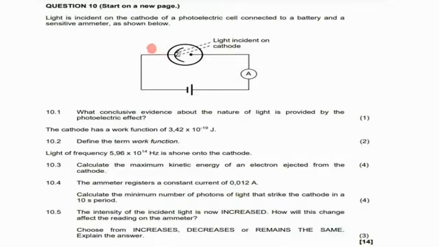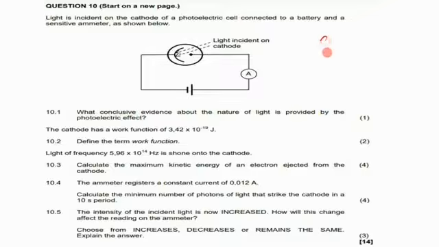So we have question 10. It says light is incident on the cathode of a photoelectric cell connected to a battery and a sensitive ammeter as shown below. Then 10.1 says what conclusive evidence about the nature of light is provided by the photoelectric effect.